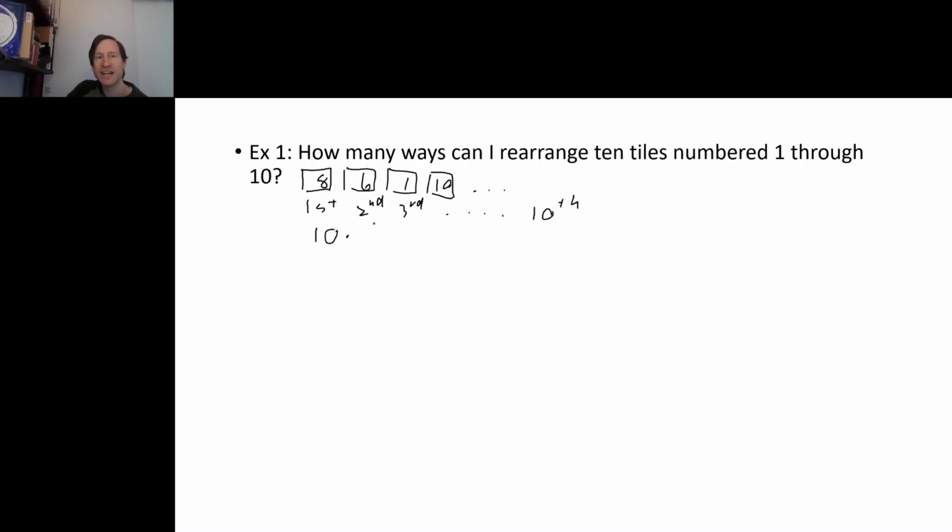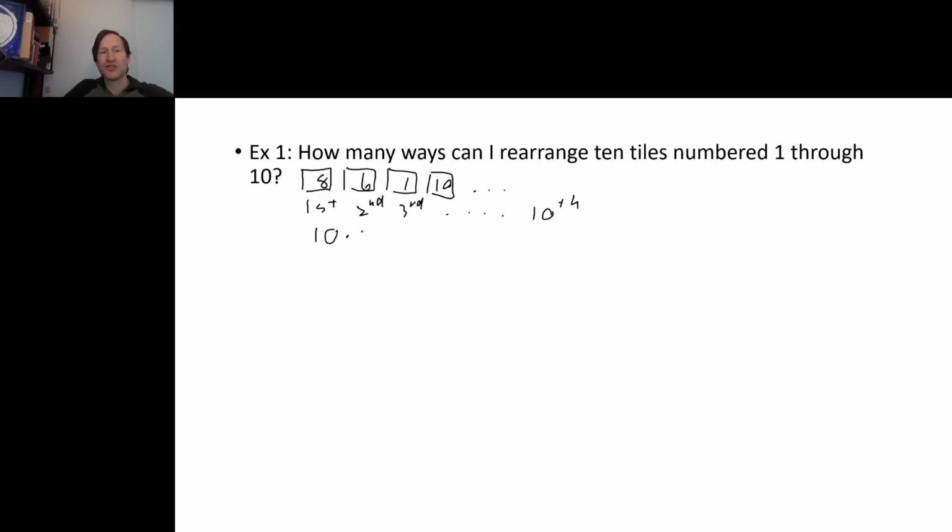Okay, now for your second choice, how many tiles are there to choose from? Well, you've already chosen 1 tile, so there are 9 remaining to choose from. Now you might think, aren't the tiles that you have available for your second choice dependent on what you chose for your first choice? That's true, but the number of tiles available for your second choice doesn't depend on which tile you chose for your first choice. It just depends on the fact that you chose a tile for your first choice.